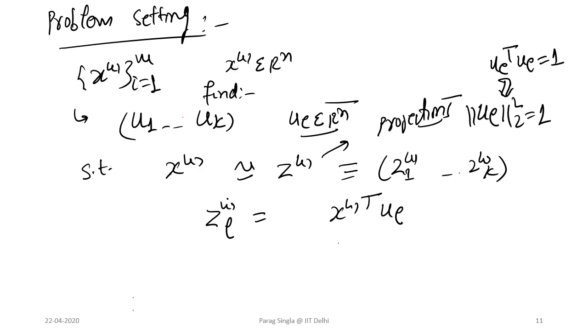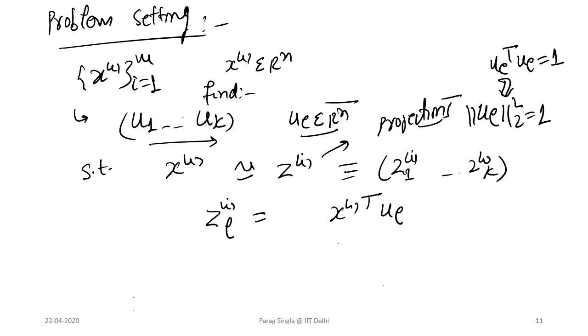So we are interested in finding u1 to uk such that when we project the data xi onto them, we get zi for each point, which is zi1 to zik, where each coefficient zil is defined as xi transpose ul, the projection of the point xi onto the vector ul.